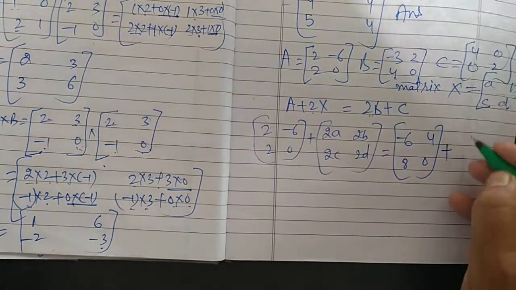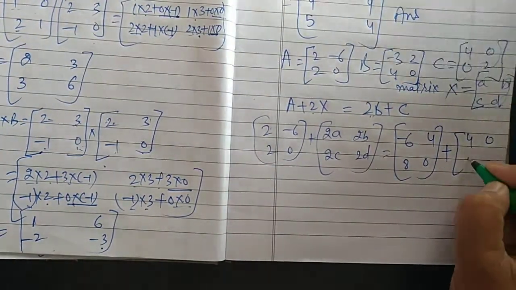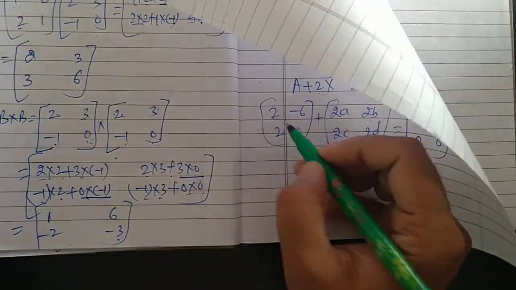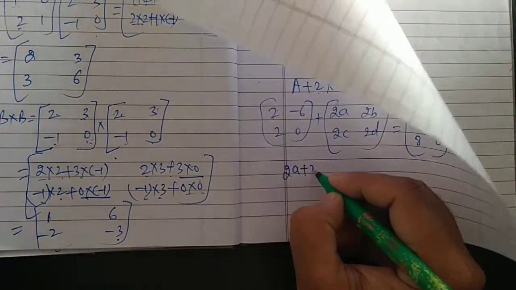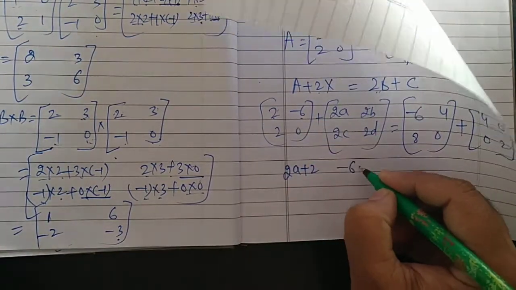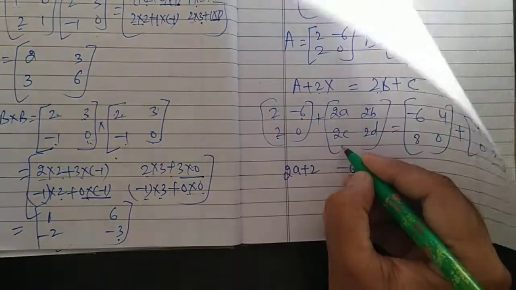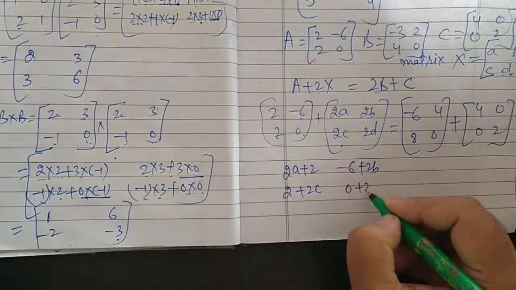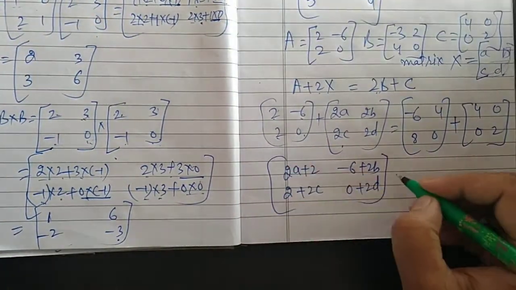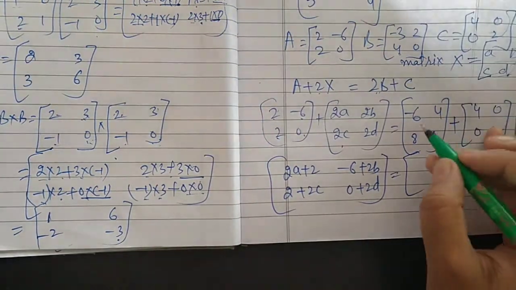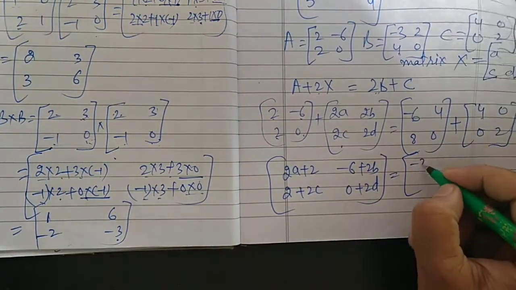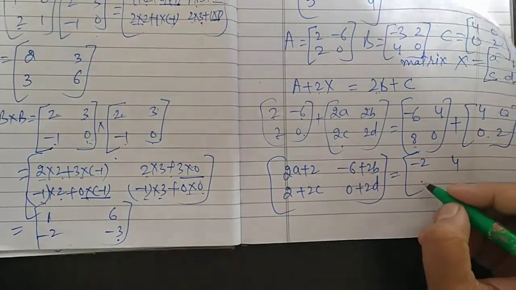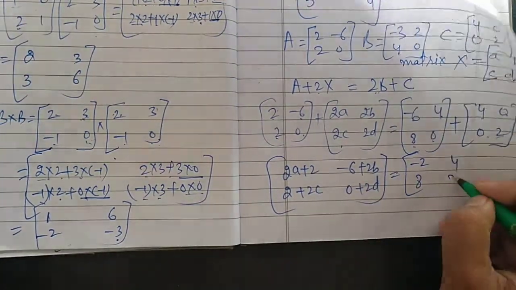So plus C is 4 0 0 2. Then add: 2a plus 2, then minus 6 plus 2b, 2 plus 2c, 0 plus 2d is equal to, here also add these: minus 6 plus 4 minus 2, then 4 plus 0 is 4, 8 plus 0 is 8, 0 plus 2 is 2.